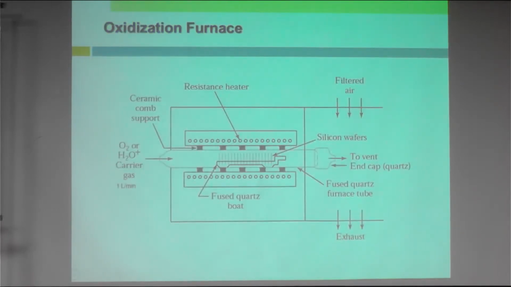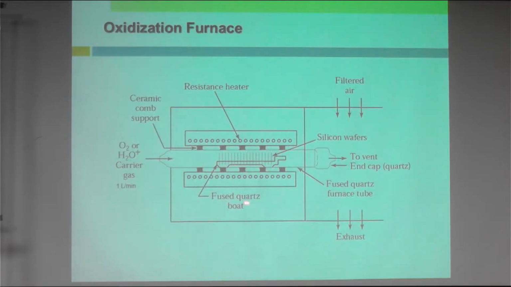So here is an overview of an oxidation furnace. Normally you have a resistant heater here. So this is the furnace and the heater covering the furnace. Then we flow either oxygen or water vapor into the furnace, and you have your silicon wafer standing on the board.